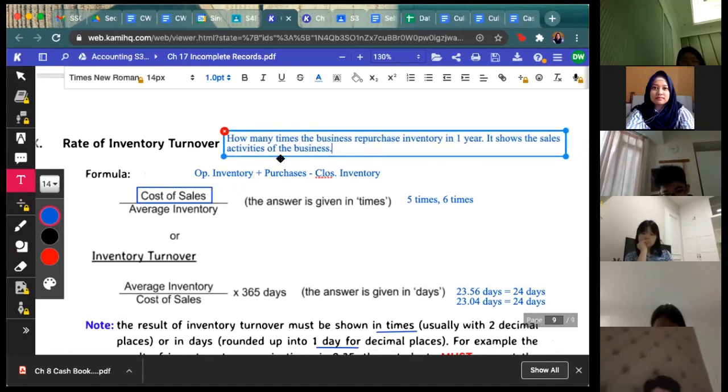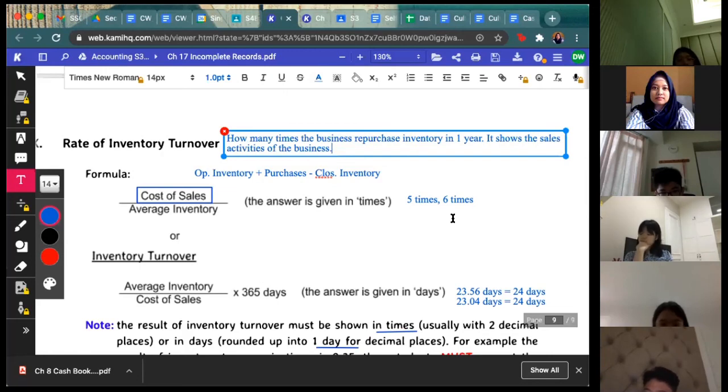Let's say that you have 5 times or 6 times rate of inventory turnover. It means in 1 year you only repurchase or restock 5 or 6 times. It means your sales activity is not good, because if you are active, usually you will repurchase once in 1 month.